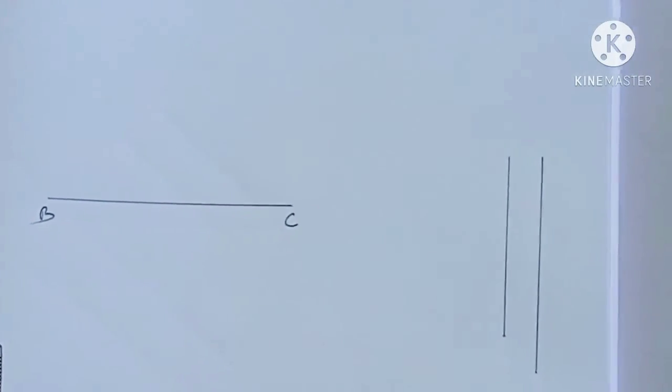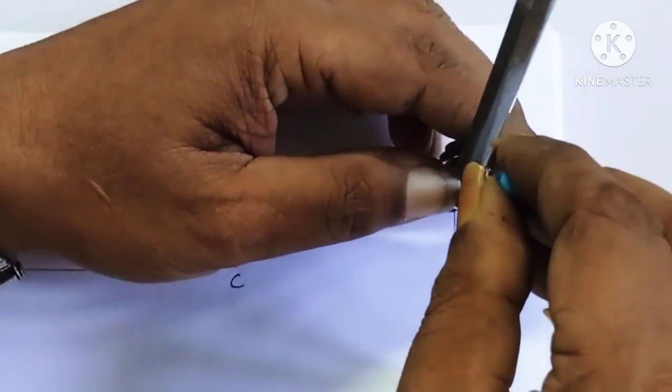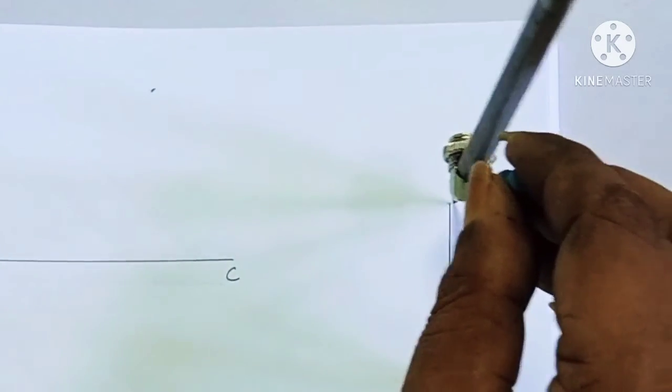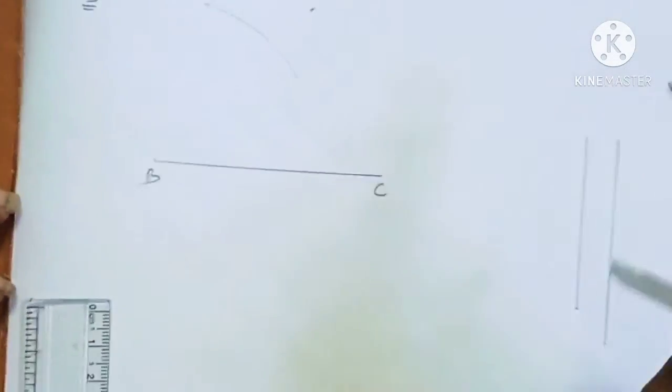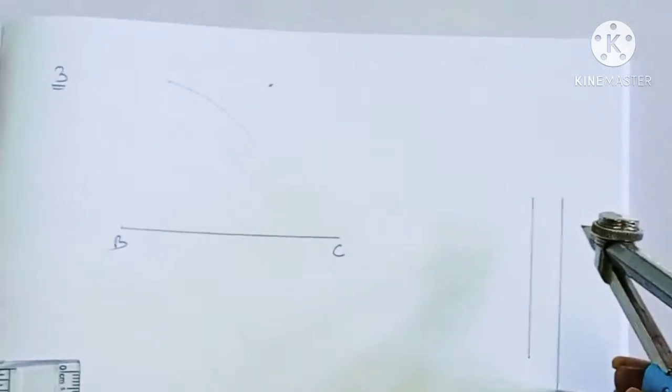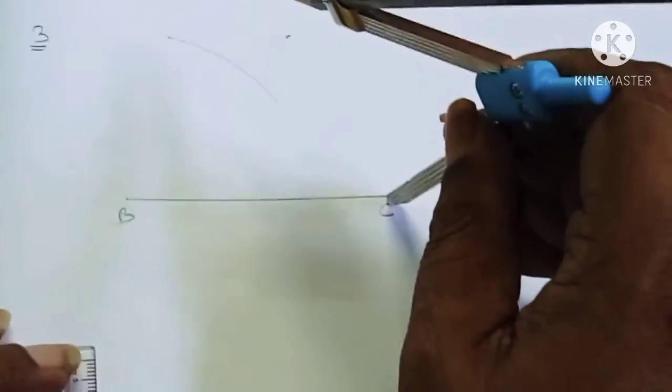Now with the help of a compass, I draw an arc of radius 5 cm, and another arc of 6 cm, which cuts the previous arc at A.